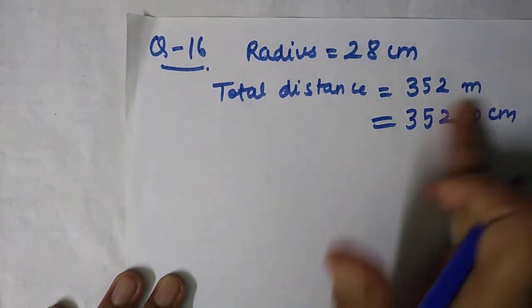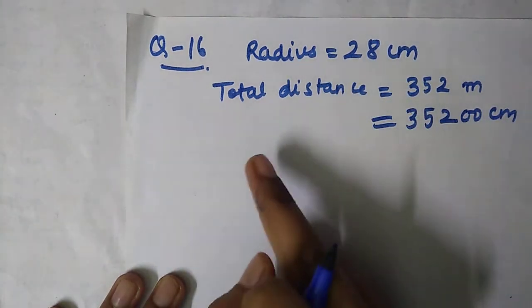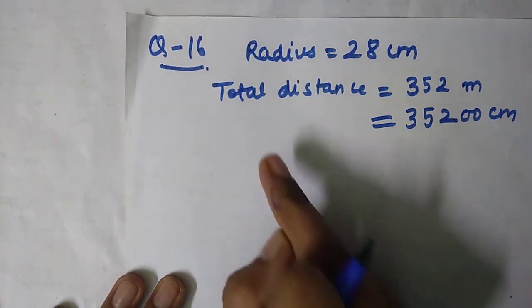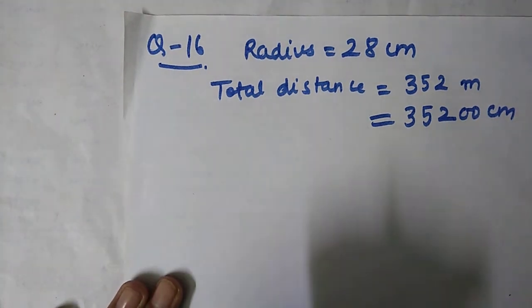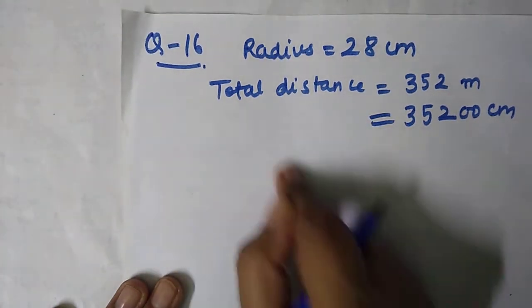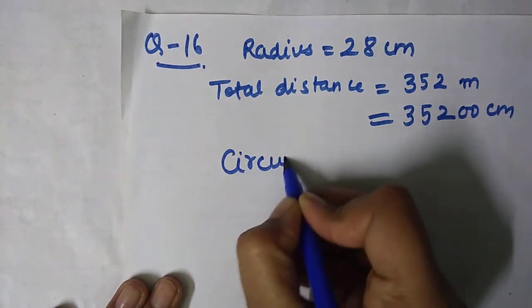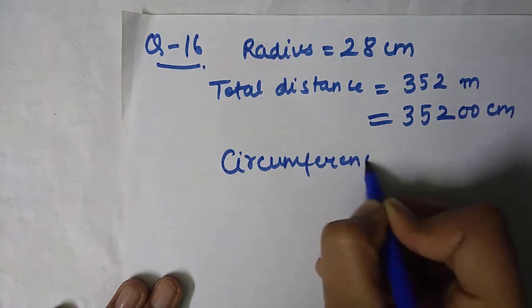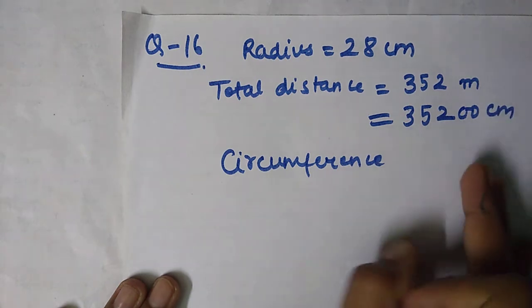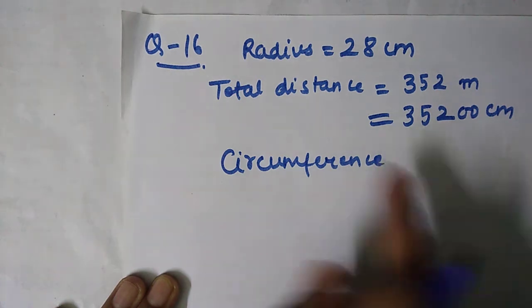This is the total distance the wheel has to cover, and this is the radius. If the wheel covers one round, we need its circumference. We need to find how many rounds it will take to cover this distance, so first I will find the distance covered in one rotation.